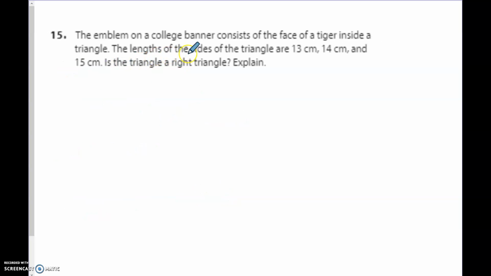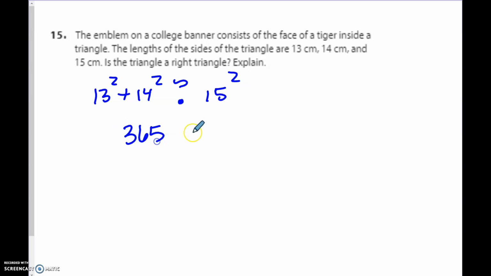All right, the emblem on a college banner is the face of a tiger inside a triangle. The lengths of the sides of the triangle are 13, 14, and 15. Is it right? So 13 squared plus 14 squared, does that equal 15 squared? 13 squared plus 14 squared is 365. 15 squared is 225.